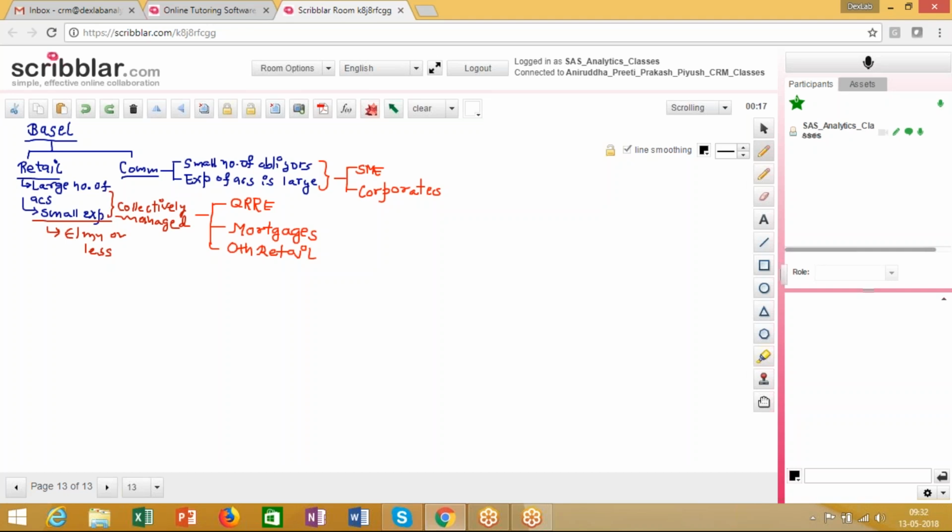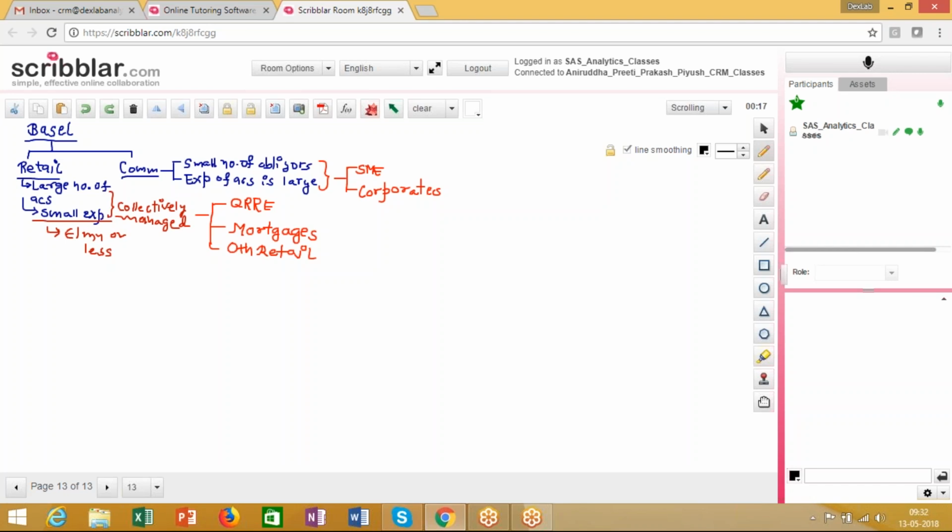By small exposures, I mean exposures of 1 million euro or less.